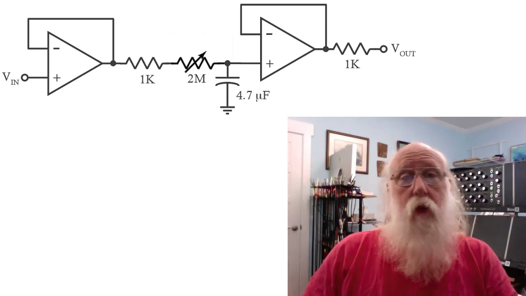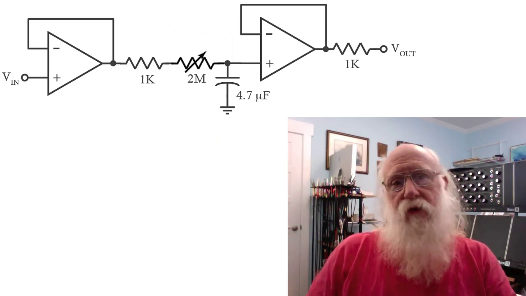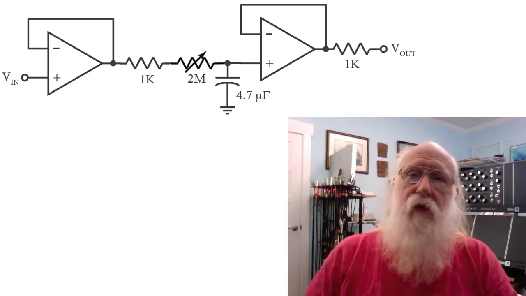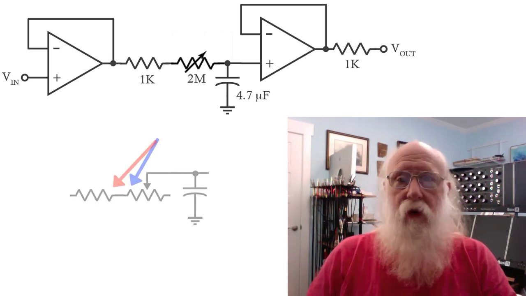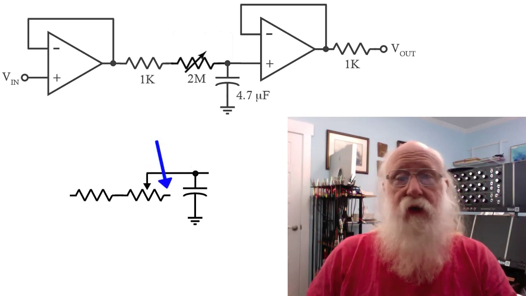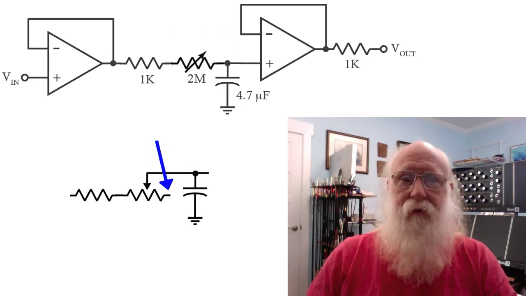A couple of other practical issues. First of all, when you're connecting a potentiometer as a variable resistor, you can just connect one end of the potentiometer to one part of your circuit and the wiper to the other, and leave the other end of the potentiometer unconnected.